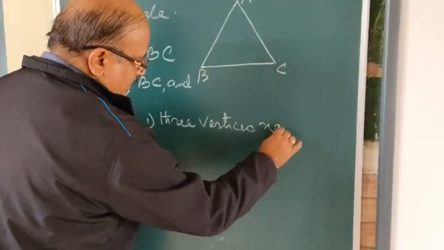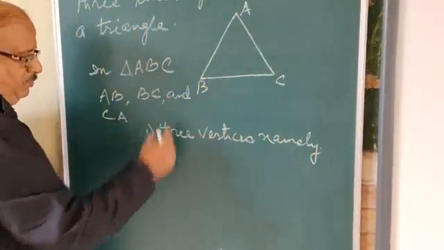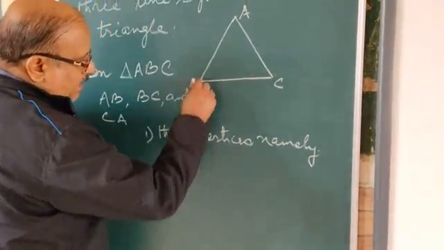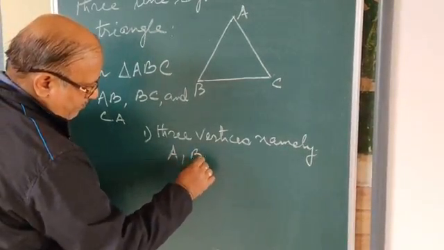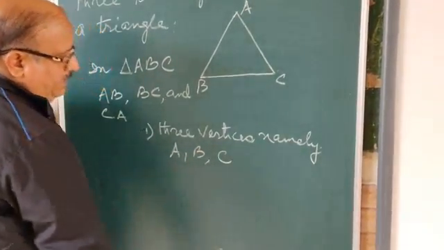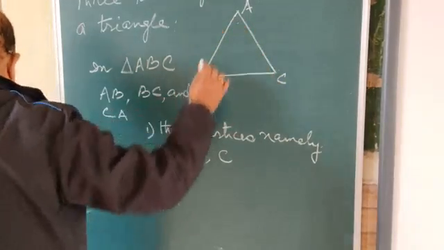The meeting point of two rays is called the vertex, plural vertices, that is A, B and C. It has three vertices: first vertex, second vertex and third vertex.